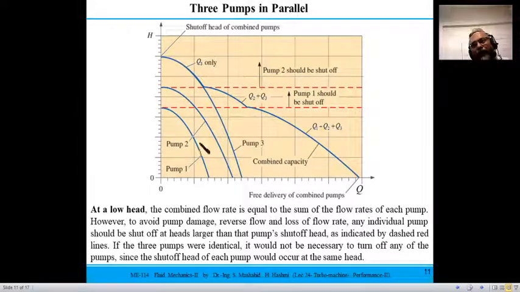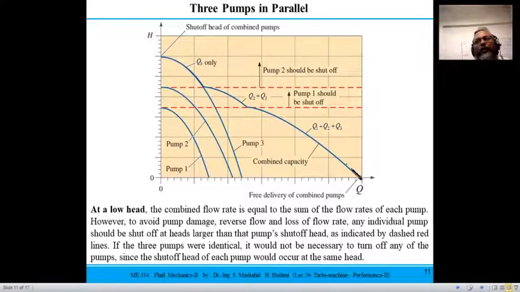If your head requirement is low, then you could get volume flow rate from each of those pumps, Q1, Q2 and Q3. Once you are here, you are only getting volume flow rate from 2 and 3, and once your head is that high, you can only get volume flow rate from the 3rd pump, because this would be the combined curve.